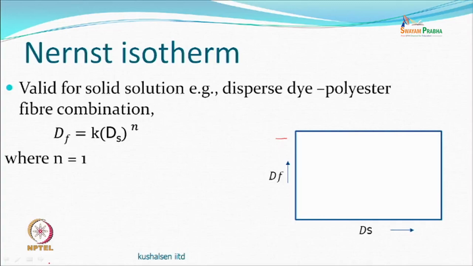In the same power isotherm, when the value of N becomes 1, it just becomes dF equals K dS. So, it also has a saturation limit, but it goes as a straight line.